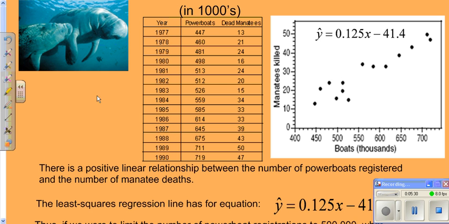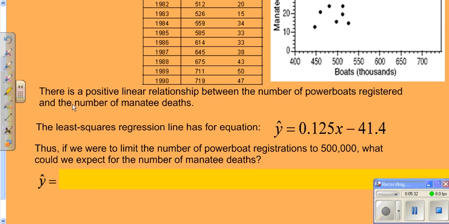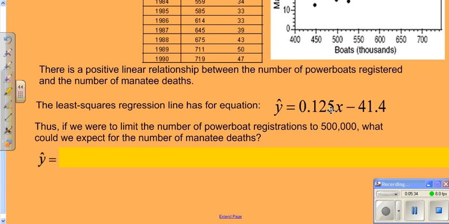Now, we want to go ahead and make a prediction. Using your least squares regression line right here, we want to know if you have 500,000 motorboats, how many deaths can we expect? Keep in mind this is in thousands, so that's really 500,000, so we're going to use 500 in here.